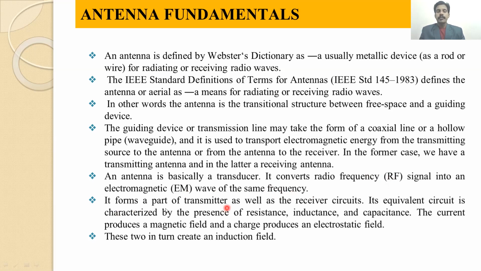This shows part of the transmitter as well as the receiver side. The equivalent circuit used to represent this type of antenna may consist of RLC components. The resultant current produces a magnetic field, and the charge produces its corresponding electrostatic field.